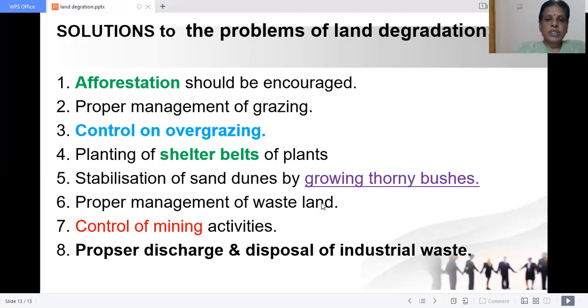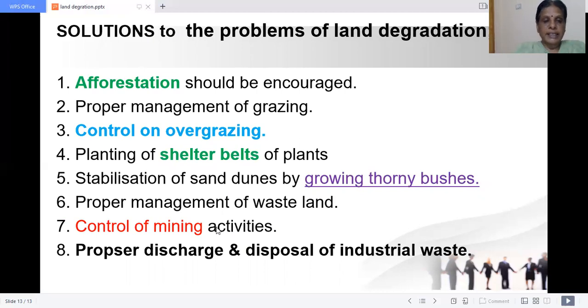Then proper management of wasteland, control of mining activities. What is proper management of wasteland? We have to make it cultivable. We have to manage it for pasture and cultivation. Control of mining activities: afforestation should be encouraged. After the excavation, that scar should be closed and not abandoned as it is.